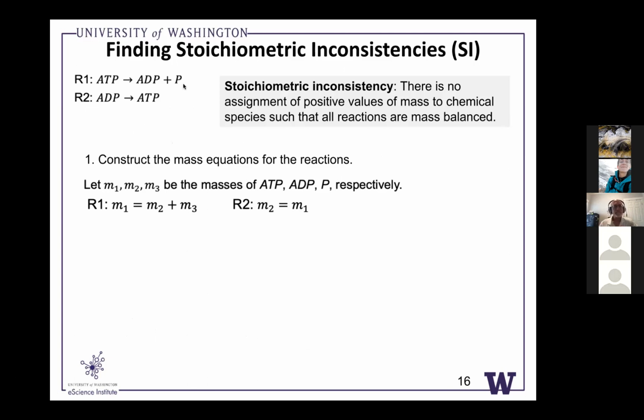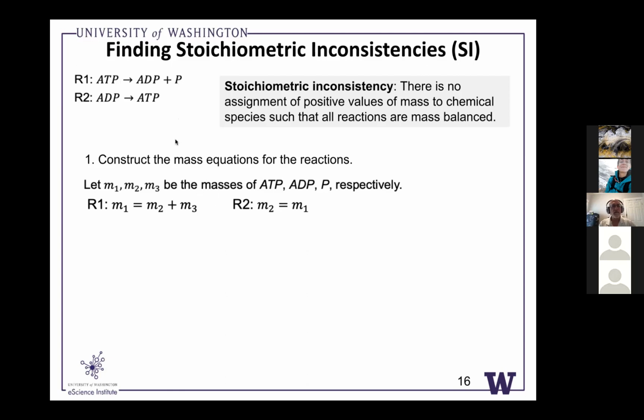So here we have 3 chemical species. If there's no inconsistency, then I should be able to find a mass for ATP, ADP, and inorganic phosphate such that no logical inconsistency results, exactly the way that Lucian was reasoning about this before.